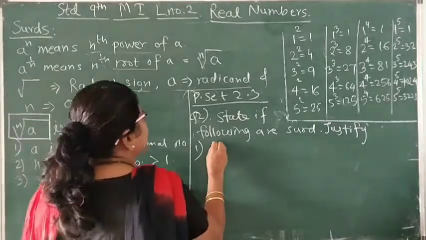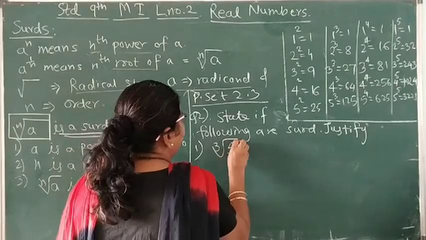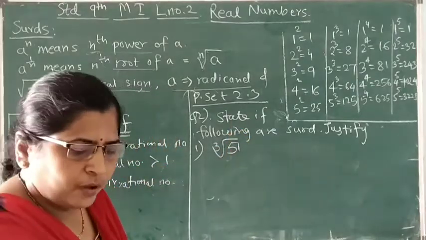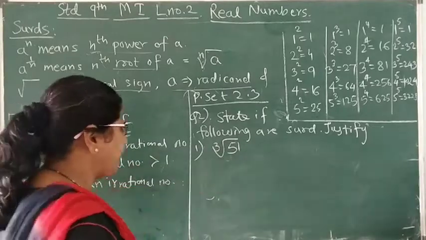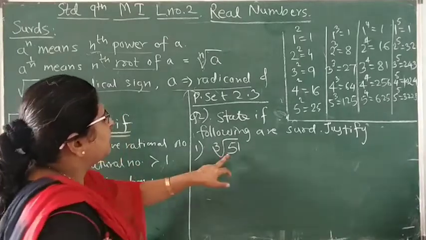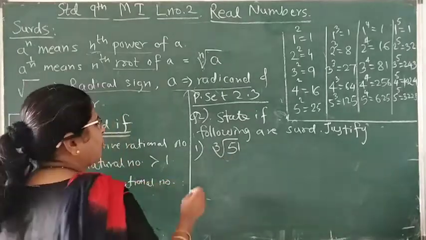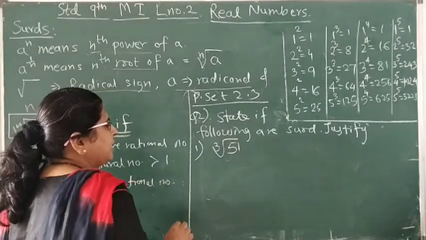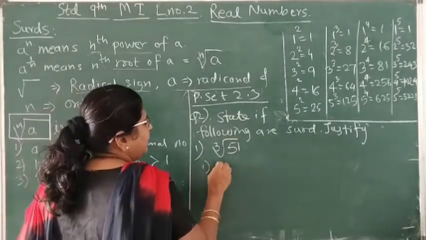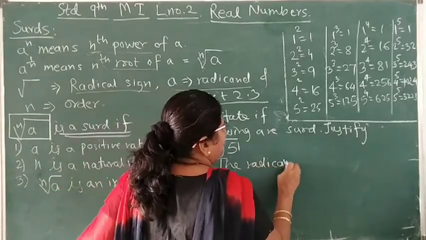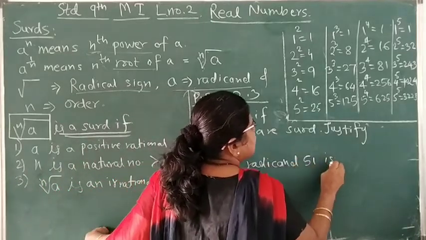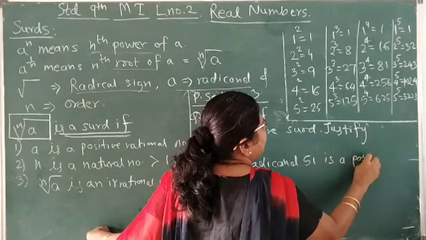The first number given is cube root of 51. Now whether this is a surd or not, what is the radicand over here? The radicand is 51. So we can say whether it is a positive rational number or not. So we will write the justification as number 1, the radicand 51 is a positive rational number.